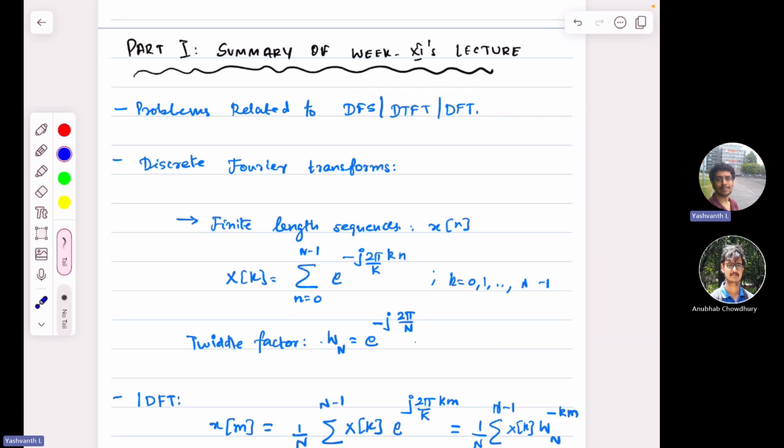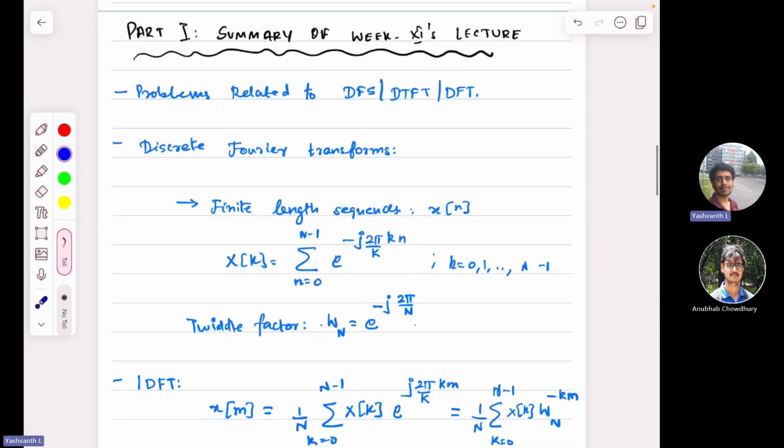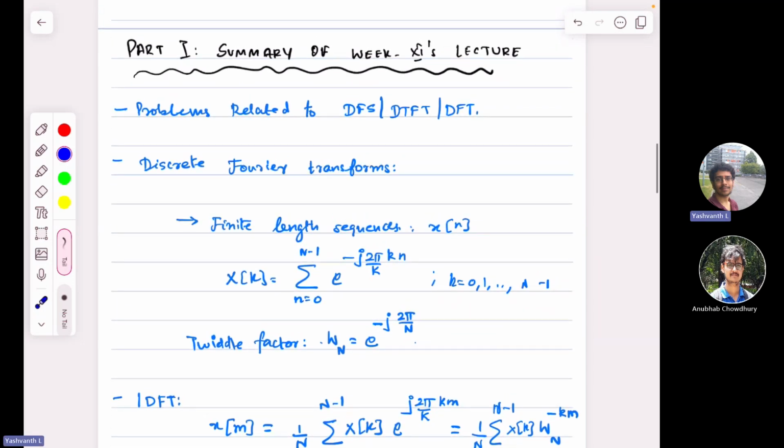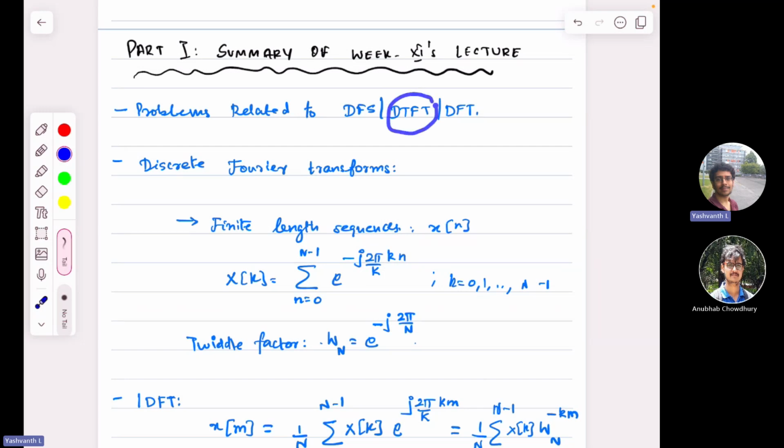Several example questions were solved by the professor. Recall that in the last session, we discussed properties and solved problems on DTFT, while in the earlier part of the previous session we discussed problems on discrete Fourier series. We are going to focus today's session on discussing properties, theory, and problems related to discrete Fourier transform.